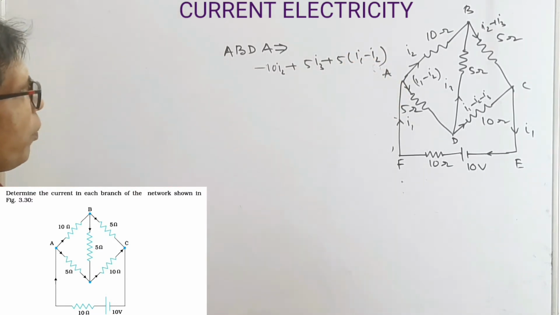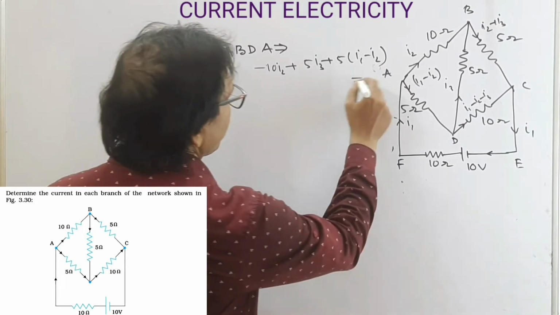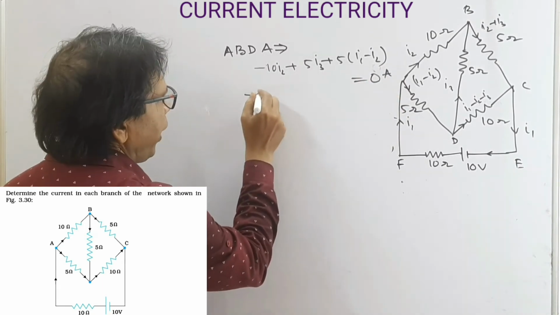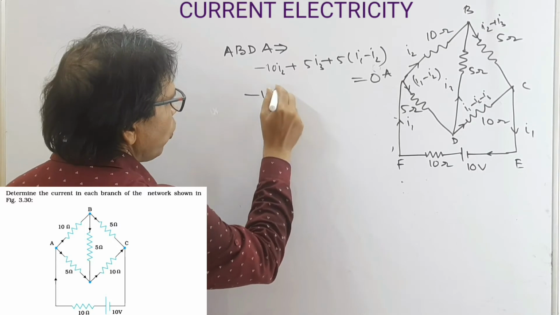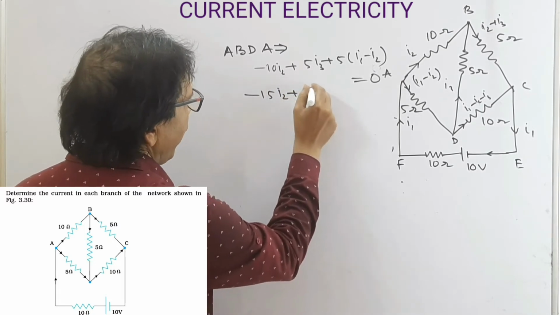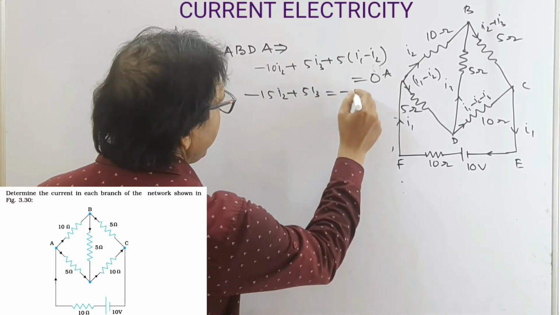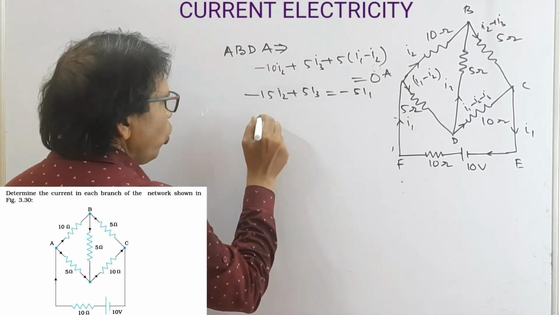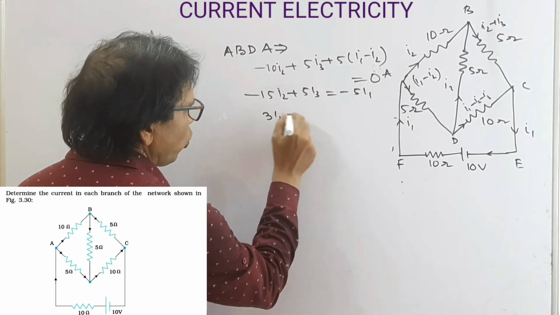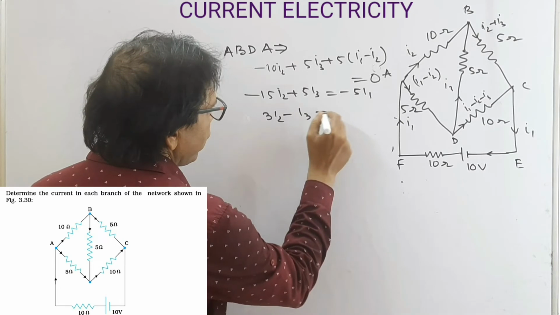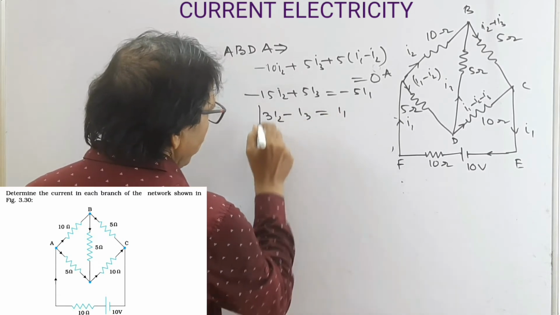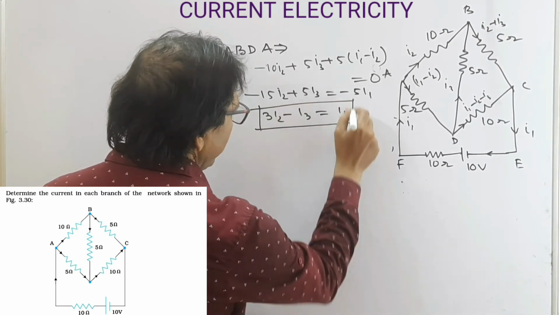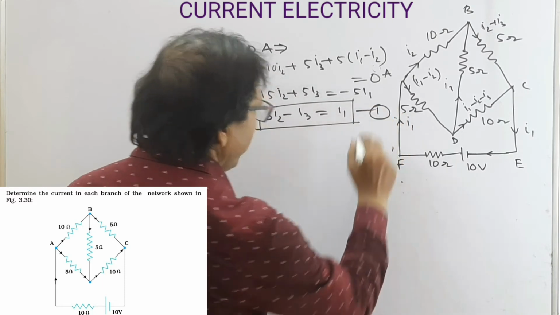Okay, no problem, and this is equal to 0. This is minus 15 I2 plus 5 I3 equal to minus 5 I1. So this is 3 I2 minus I3 equal to I1. This is equation number 1.